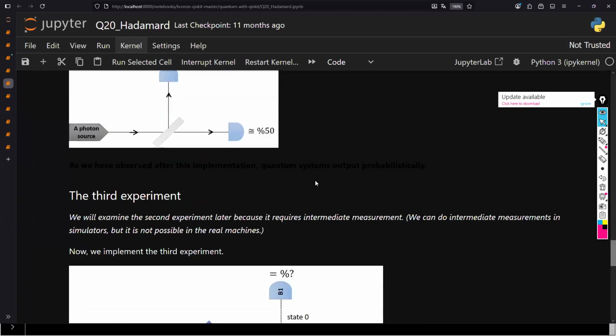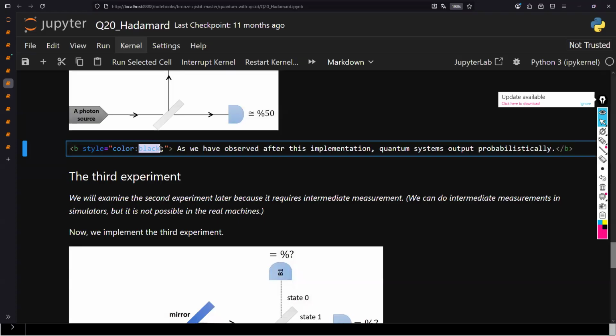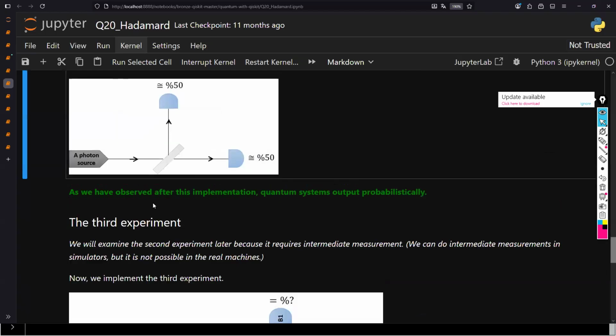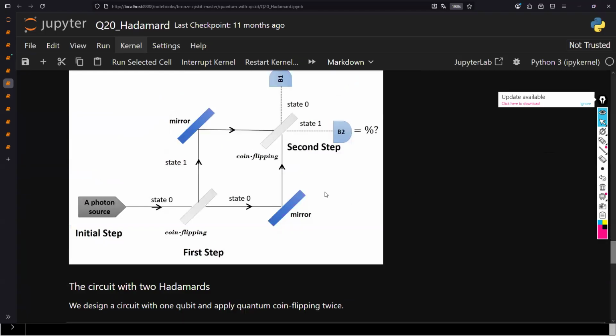This is a very nice way to display results. Let's change the color to green. Yep, as we have observed after this implementation, constant probabilistically.